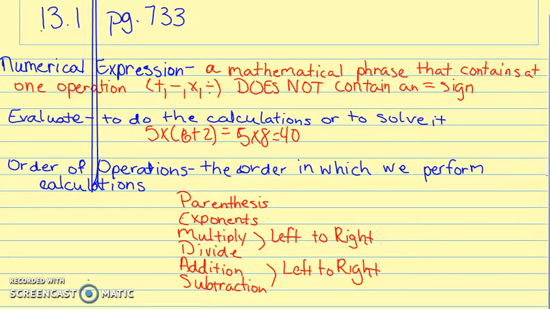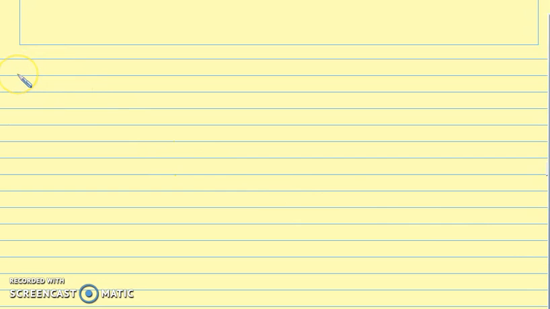Now we do have a couple of other things in order of operations. It would be nice if we could add these two other little things. We also have braces, and that is actually a C right there. Braces look like this, and they group numbers. That's a U. And they go before parentheses.